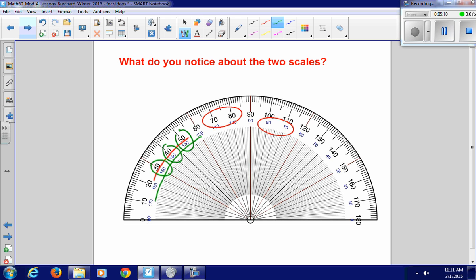That's not a coincidence. The way this works is there are two different scales, because sometimes you'll have an angle that's lined up in one direction on the protractor, and sometimes an angle that's lined up in the other direction. So you have to be really aware of which scale you are using. We're going to talk about that for a second. You'll see the difference between them.